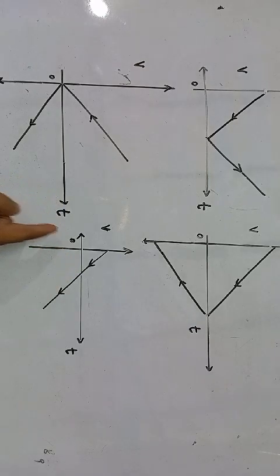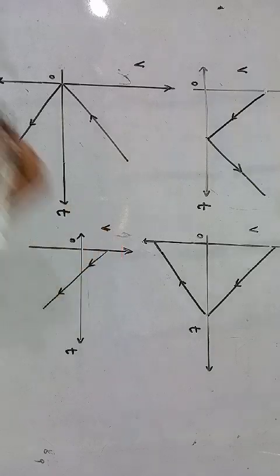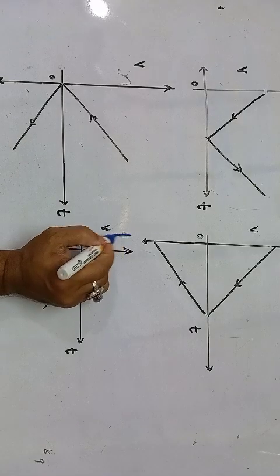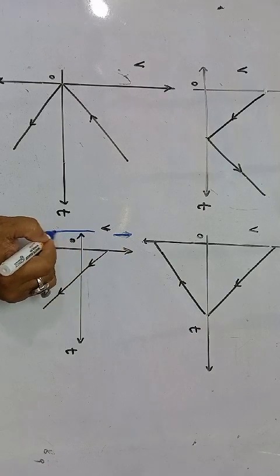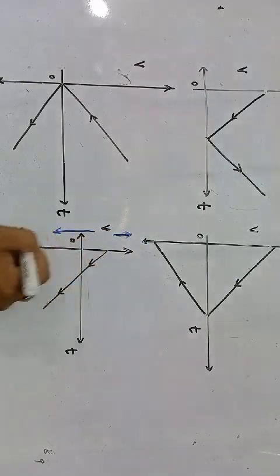Why is it increasing? Because you have positive v in this direction. So let me just draw this arrow to tell you. Velocity is increasing in this fashion, upwards also and downwards also.